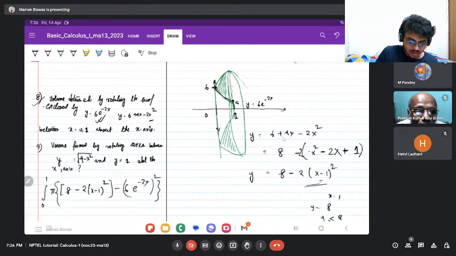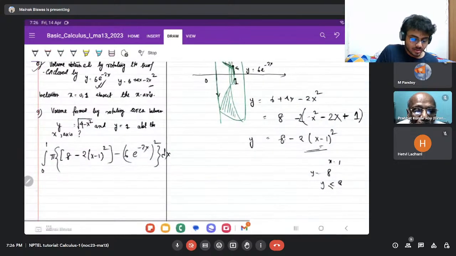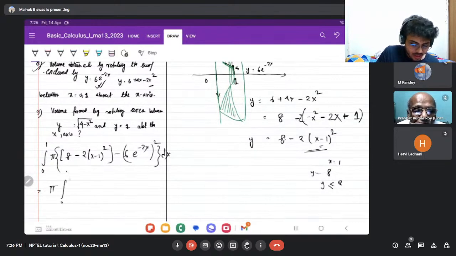This integral is over dx. Let's do it quickly. So what is it? Pi between 0 and 1, 8 dx, minus the integral of, oh I forgot to put the square here.